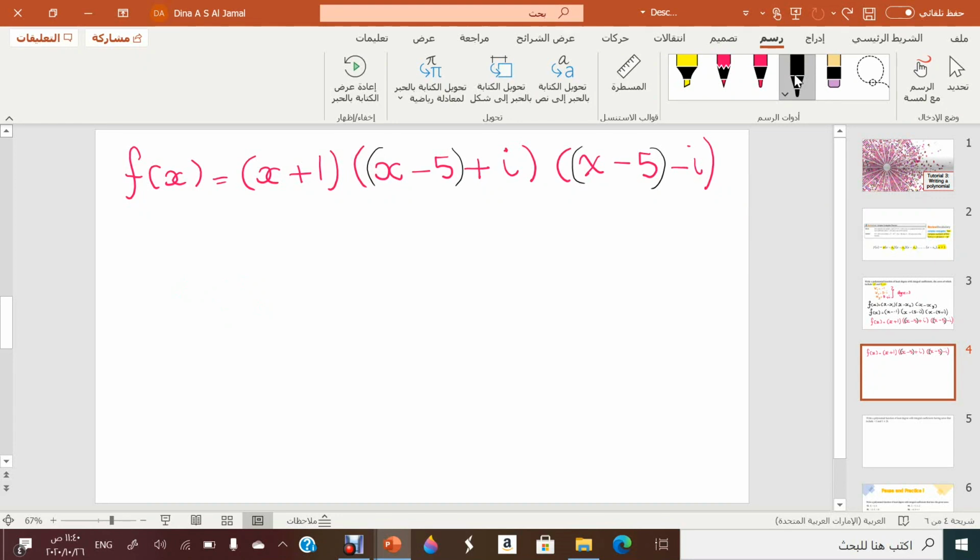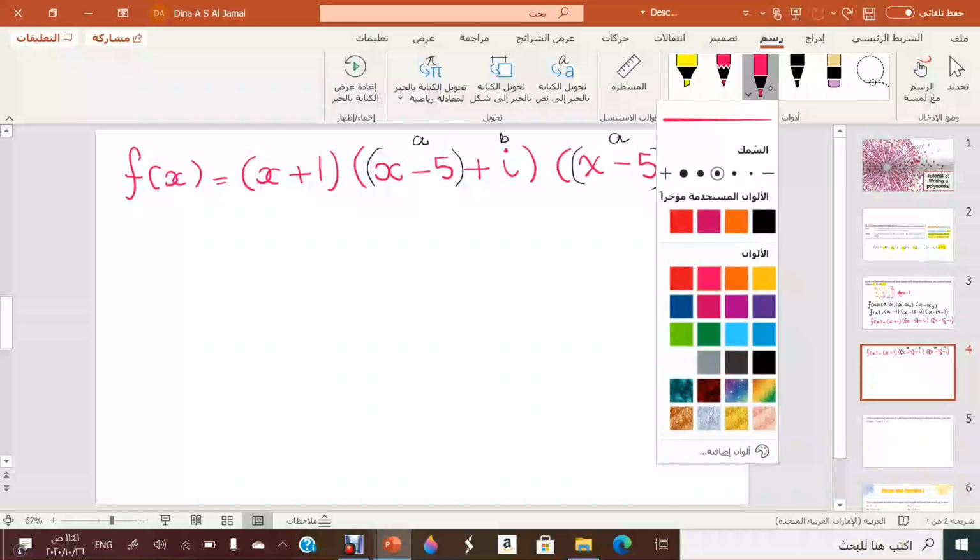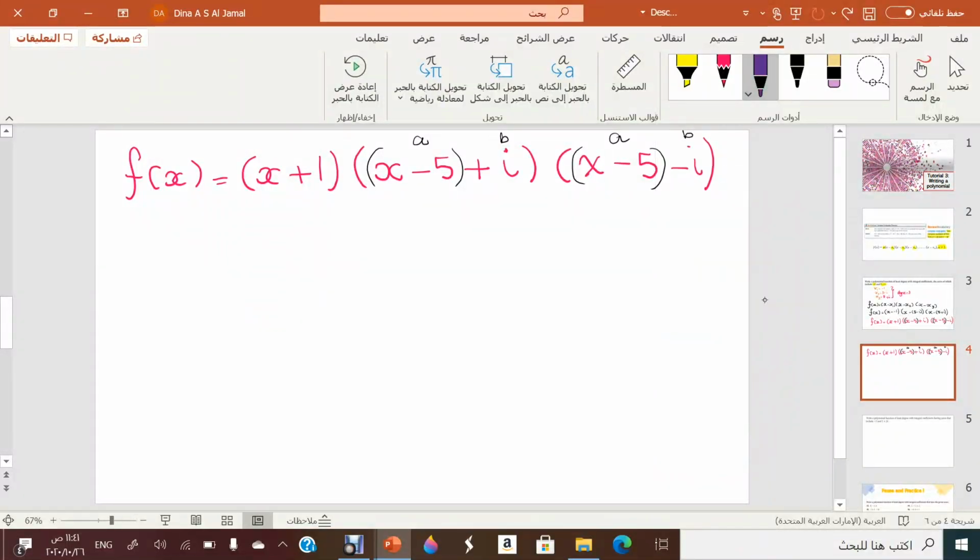So let me expect that this is A and this is B. So if you notice, you have A plus B, A minus B. Now let's take another color and show it for you. I didn't do anything with the first part, I will leave it as it is.